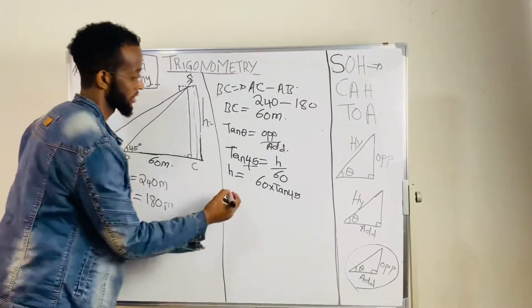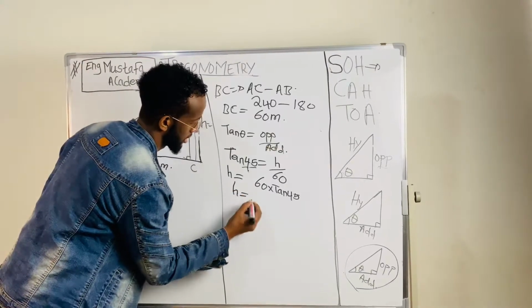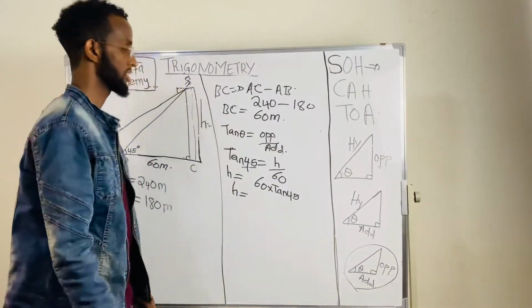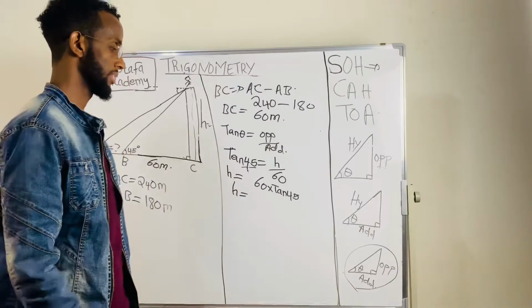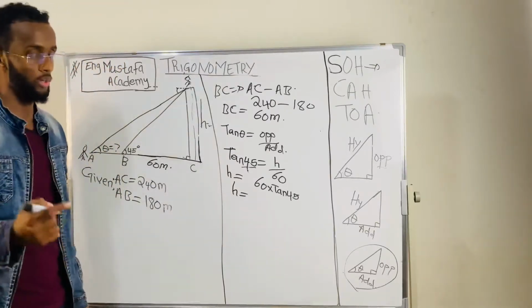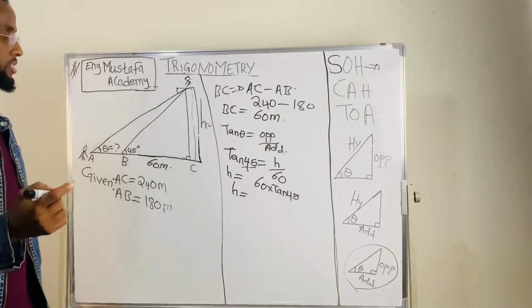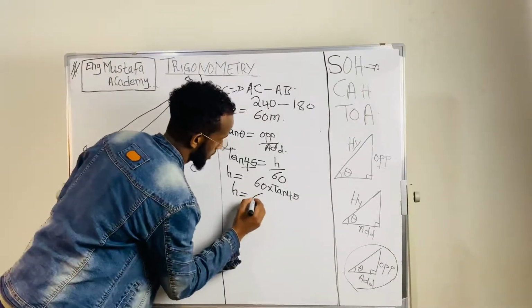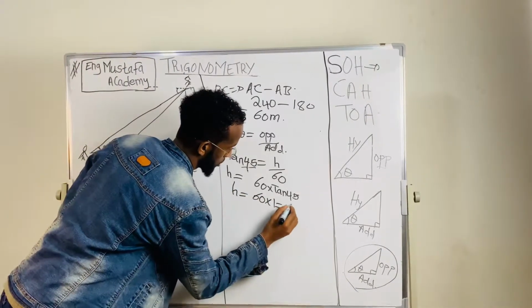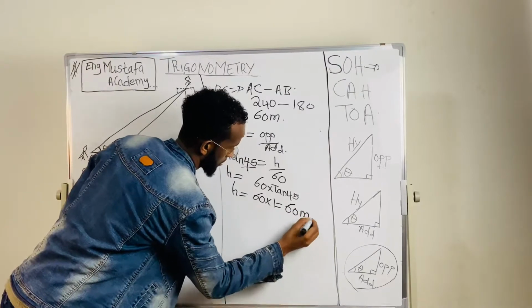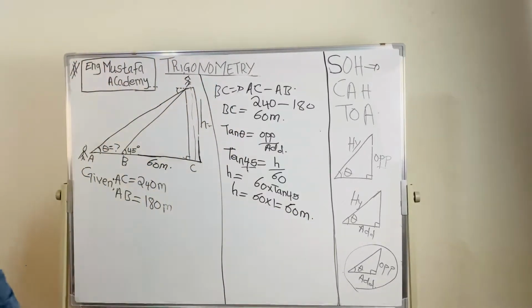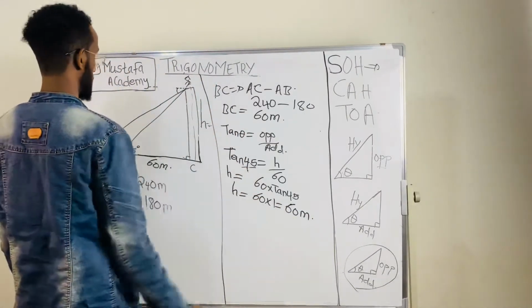So we have h equal to 60 times tan of 45. What's tan of 45? The tan of 45 is just 1. You can find that by using your calculator. So this is 60 times 1, which is 60 meters. Very good. So we have h as 60 meters.